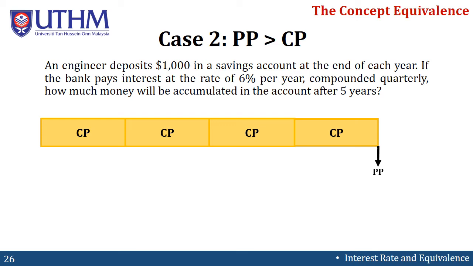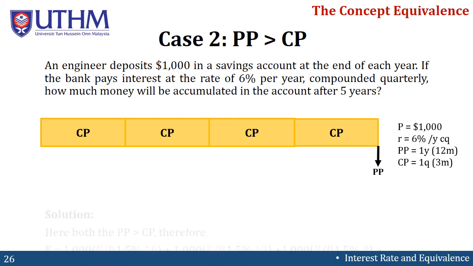So the borrowed money is 1,000, and the rate is 6% per year compounded quarterly. From this diagram we know that the payment period is 1 year, but the compounding period is 1 quarter, which means 1 year has 12 months and 1 quarter is 3 months. So the payment period is much greater than the compounding period.